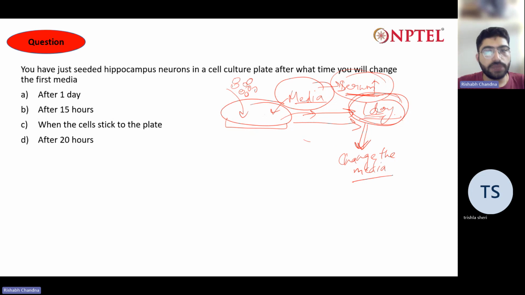So this is the second reason: we have to remove those dead cells from the media so they do not release toxic compounds affecting other cells. So we change the media after this time and we do not wait for the cells to stick to the plate. We see whether the cells are stuck or not stuck, and we change the media after 1 day. Okay.